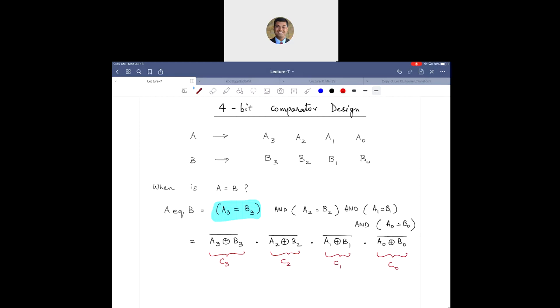This would simply be A equals B if C3 and C2 and C1 and C0 is 1, right? So that's A equals B. Questions here?